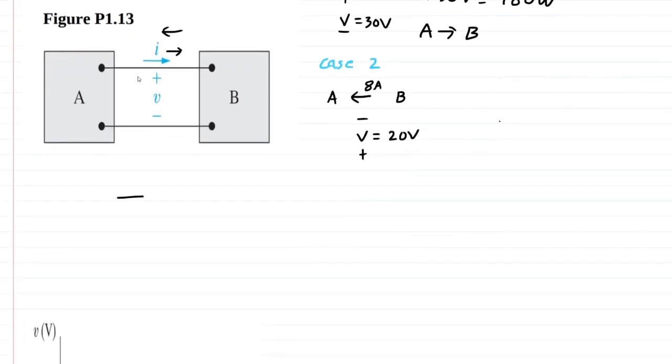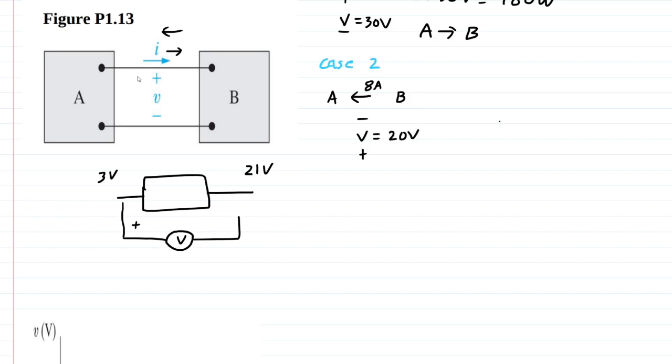So if we had one of these boxes, say this is a magical box, and we have 21 volts over here and 3 volts over here. If we used a voltmeter or a multimeter, and we put the positive lead over here and the common or negative lead over here, it's going to see 3 volts minus 21 volts equals minus 18 volts.